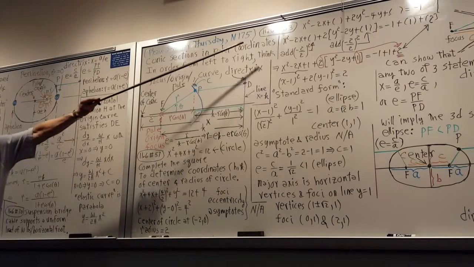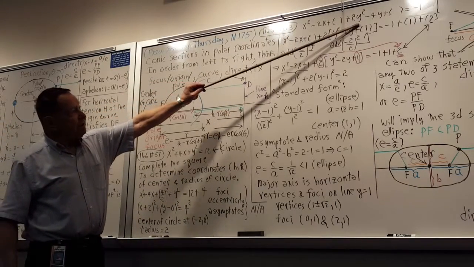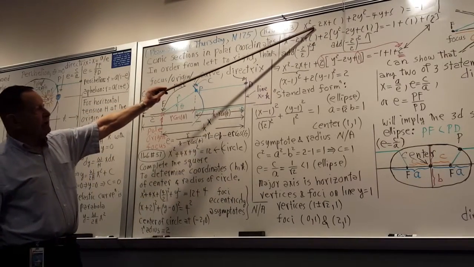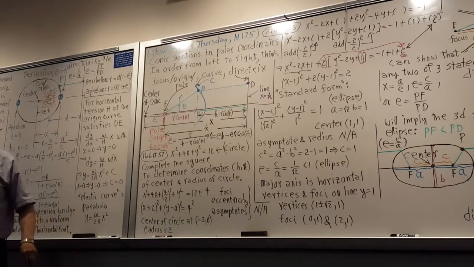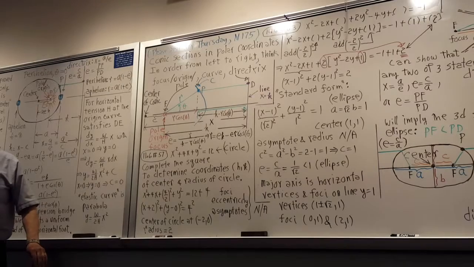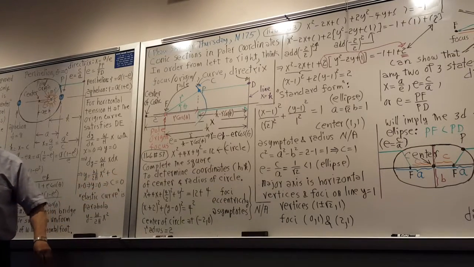So you see, you can take something that's given in the general form like this with squares and first powers and numbers, and you can sort it out that it's an ellipse, and then you can draw the ellipse when you get its center and this other information.